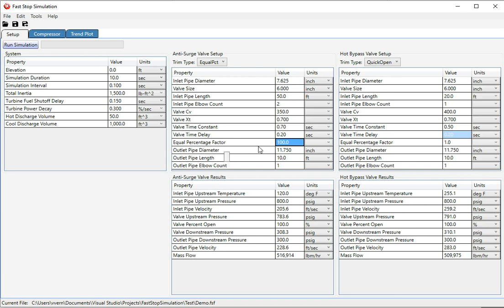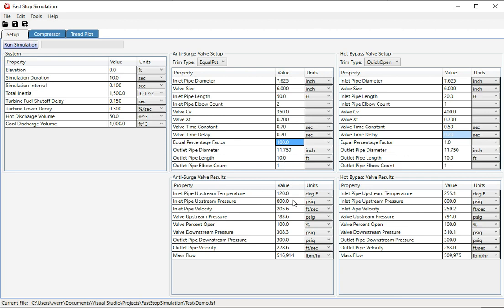This thing here is what I use to describe the CV versus position curve for an equal percentage valve. The higher the number is, the steeper the curve is. Outlet pipe diameter: it's using a 12-inch heavy wall or extra heavy pipe, half-inch thick wall, 10 feet long with 1 elbow. So that's the entire anti-surge valve and pipe system.